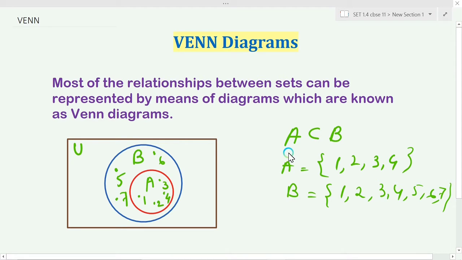This is how we can represent the relationship A subset B using these pictures, and this picture is called a Venn diagram.